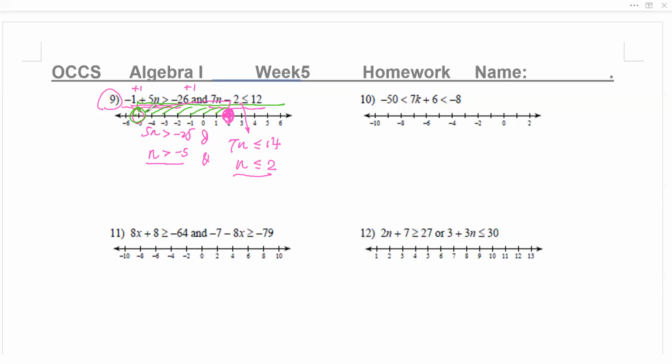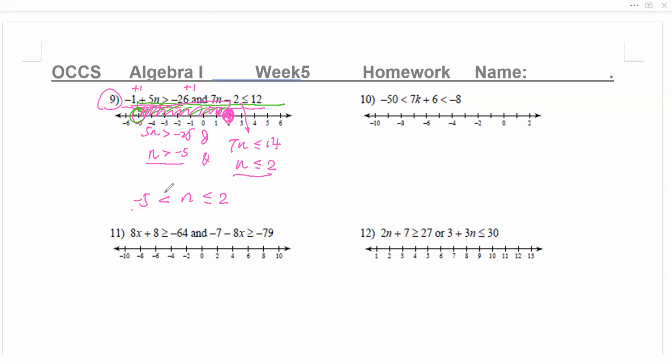So the overlap area is in between these two. So n is less than or equal to 2 and greater than negative 5, in between these two.